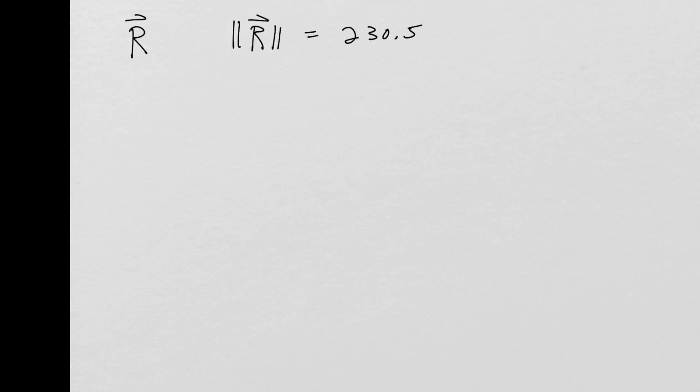I'll say it's a force vector, so it's newtons. And let's say the direction of r, so theta, measured from the positive x counterclockwise, let's say is 215 degrees. And I want to find the components, right? I want to find rx and ry, the two components of vector r.